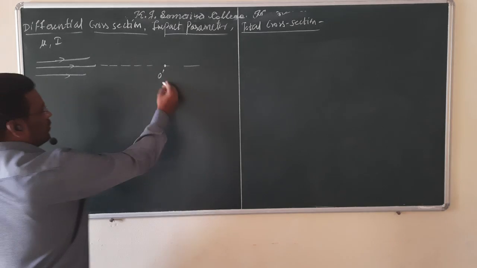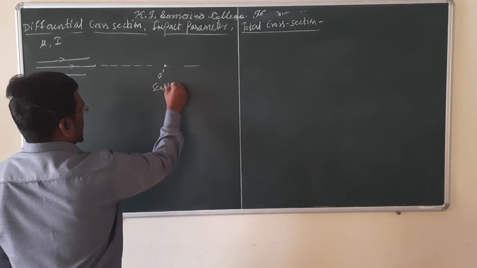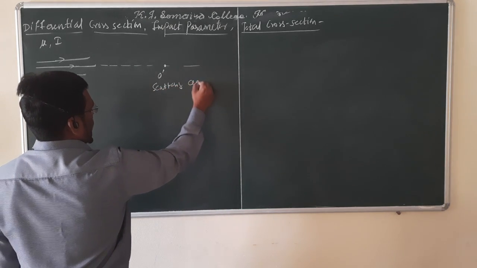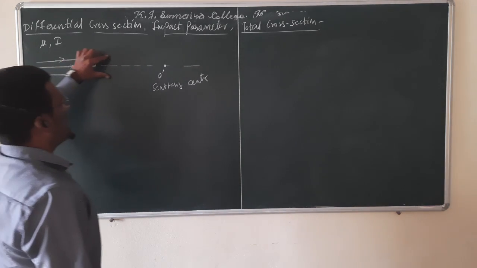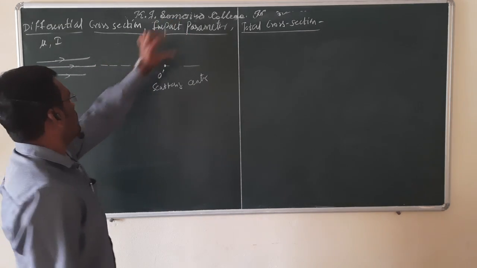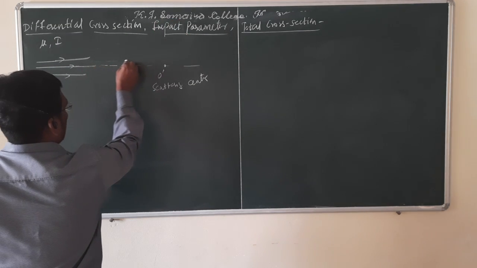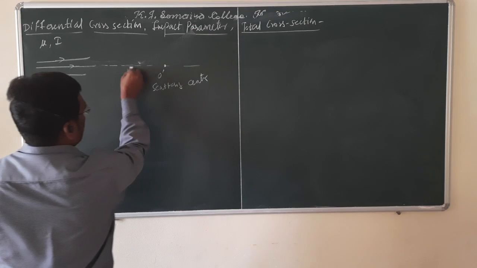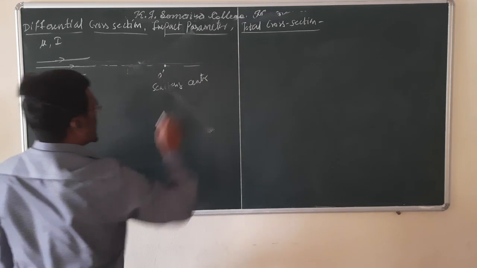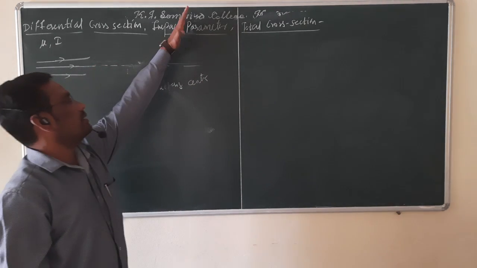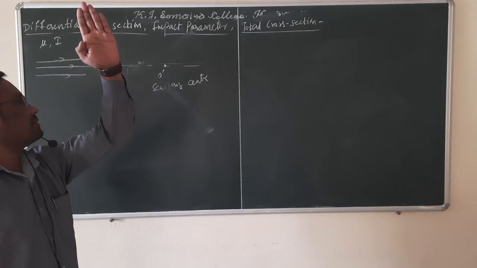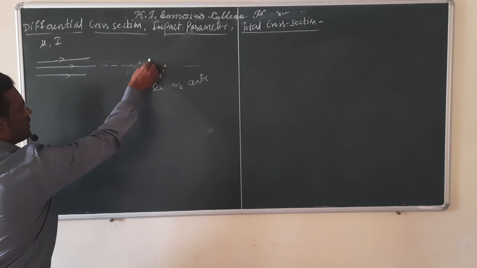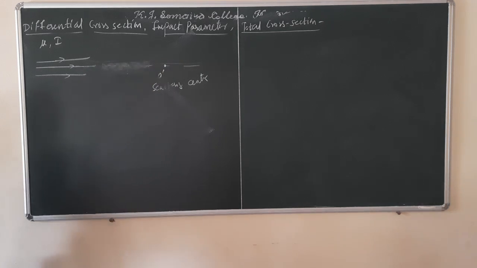Due to this scattering center, all the particles which are coming like this are going to be scattered. Some particles are scattered in this direction, some in this direction, some in this direction, and some are scattered in the backward direction.